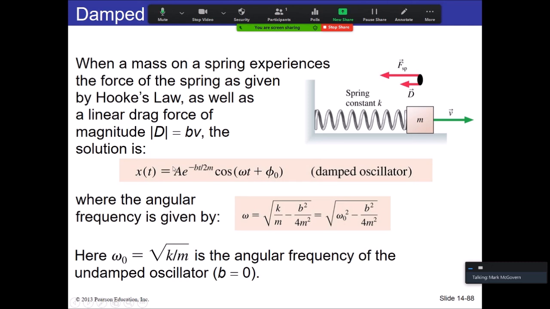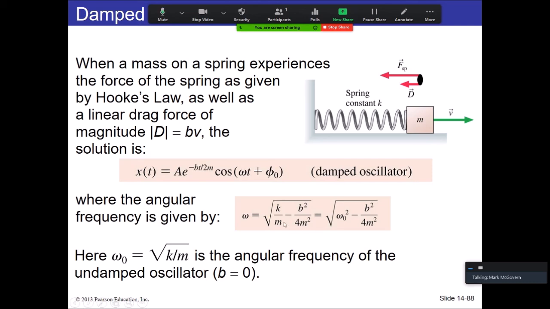But if you notice, the coefficient is an exponential decay. So the way you should think about this is the oscillatory motion is still here, but it is modified. It has what we call an envelope to it. And the envelope is an equation that expresses how the amplitude decays in time. The value for omega here is a bit more complicated.